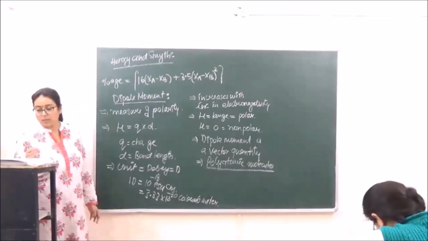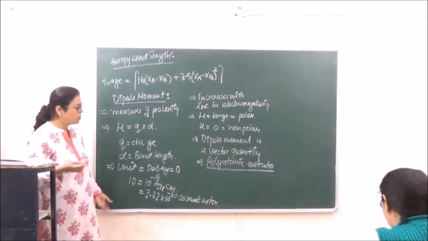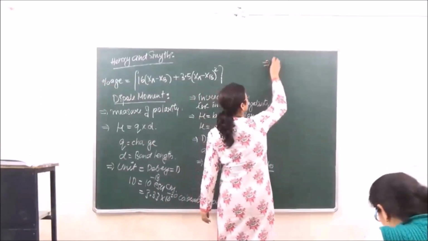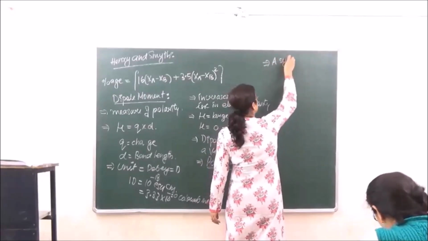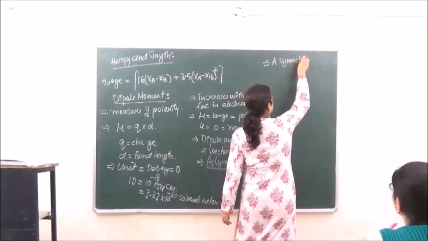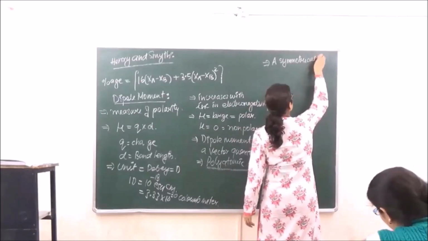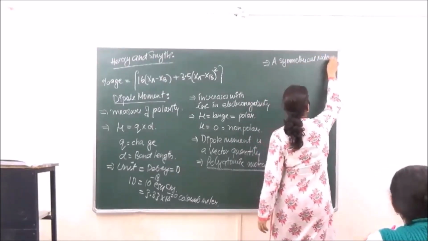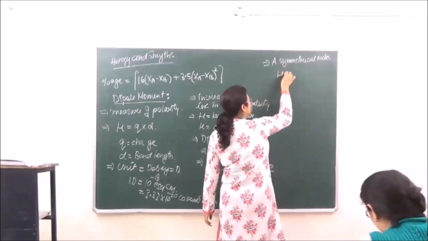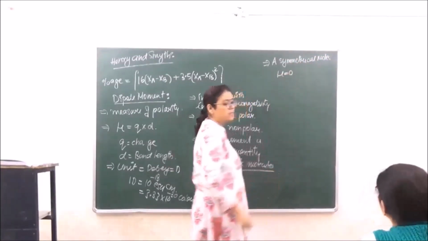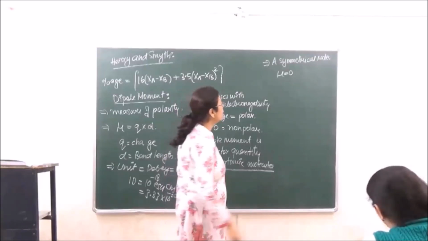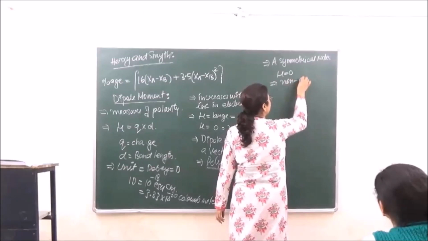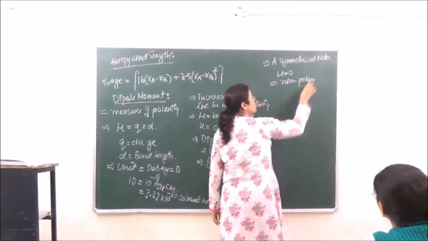Now in this case one more thing which you can write down over here is that a symmetrical molecule has the value of mu as 0. Therefore, all these molecules are going to be non-polar in nature.